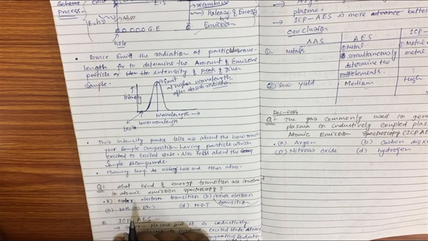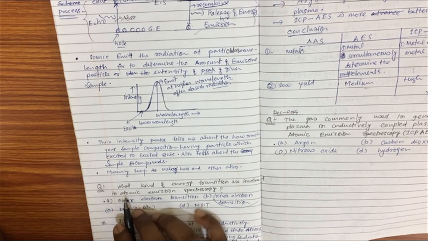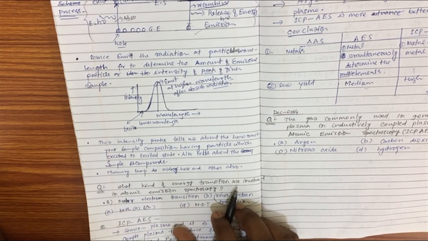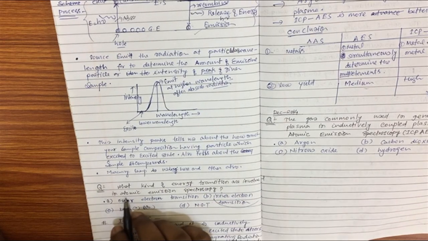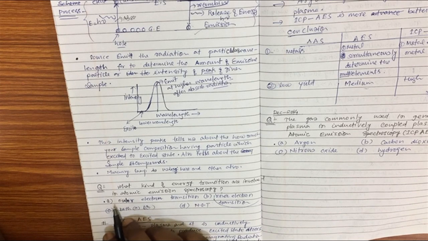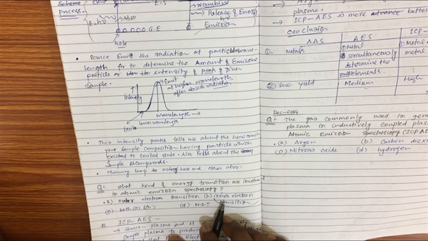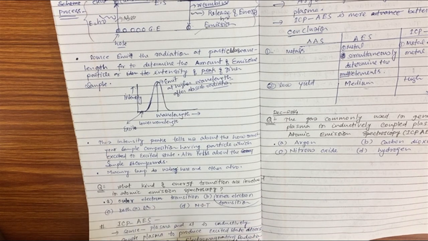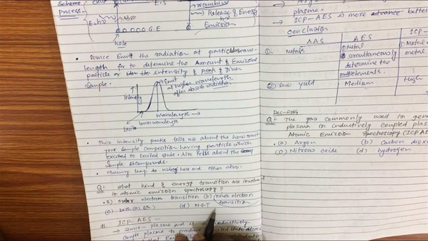Now I take the problem. The problem is: what kinds of energy transition are involved in atomic emission? The options are: first, outer electron transition; second, inner electron transition; third, both A and B, outer or inner; and D, none of these.